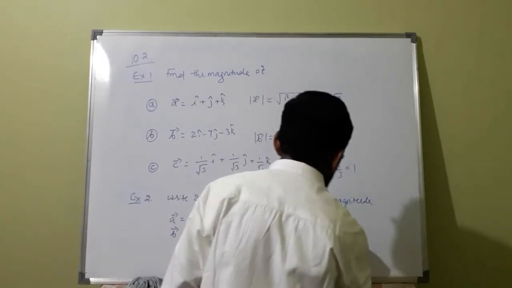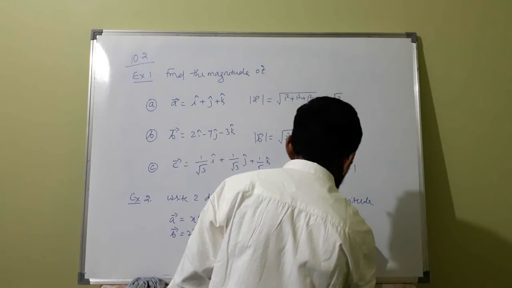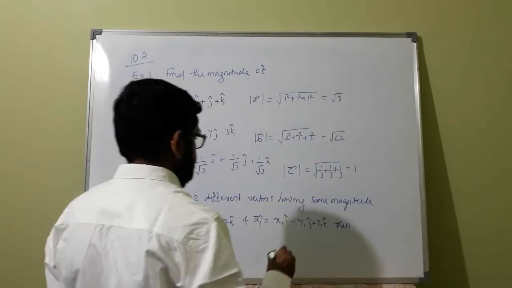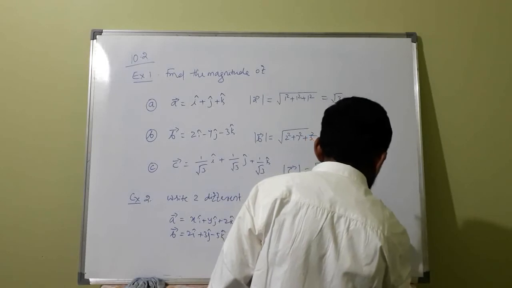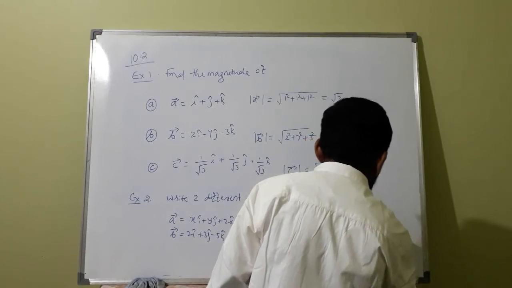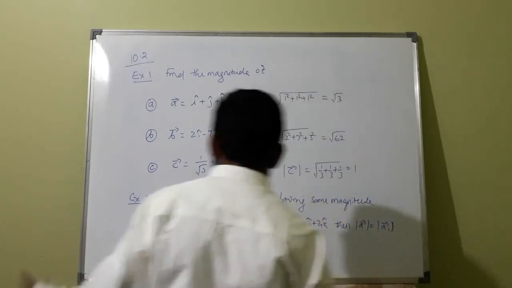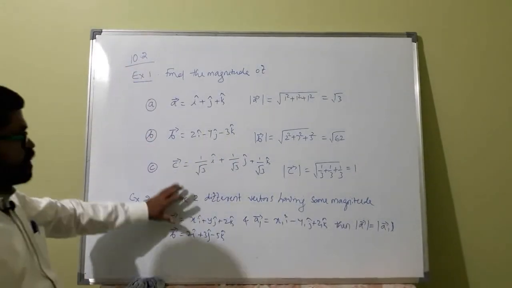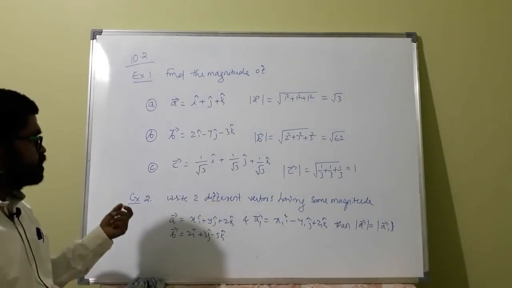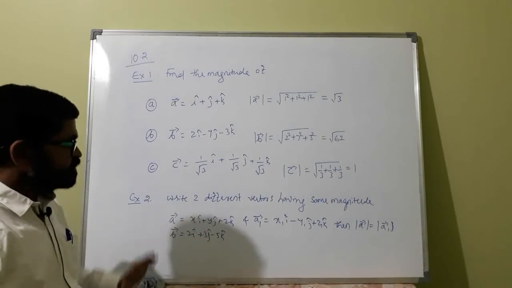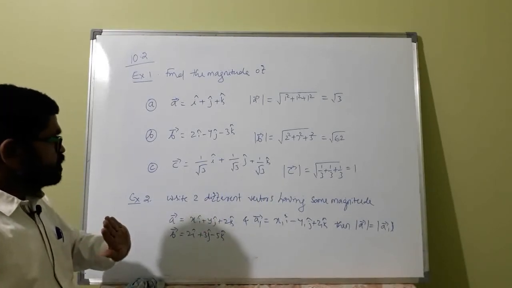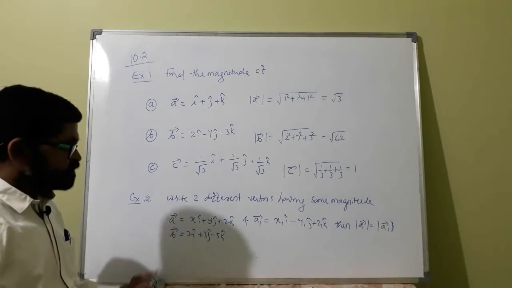Then magnitude of A is equal to magnitude of A1. You are asked to write vectors of the same magnitude. See, the scalar components should be the same. The sign of that scalar component is not important here.